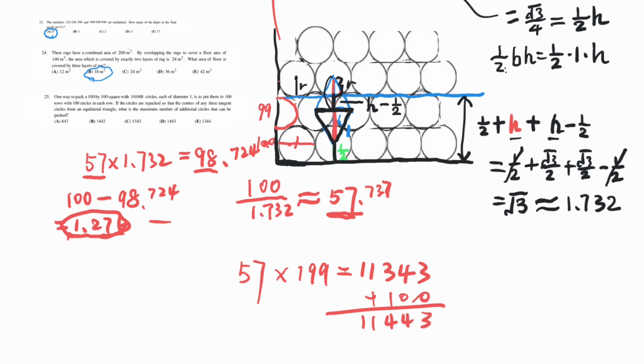At the beginning, it could pack 10,000 circles, so we subtract 10,000, which gives us 1,443 more circles. So the answer is D, 1,443 more circles.